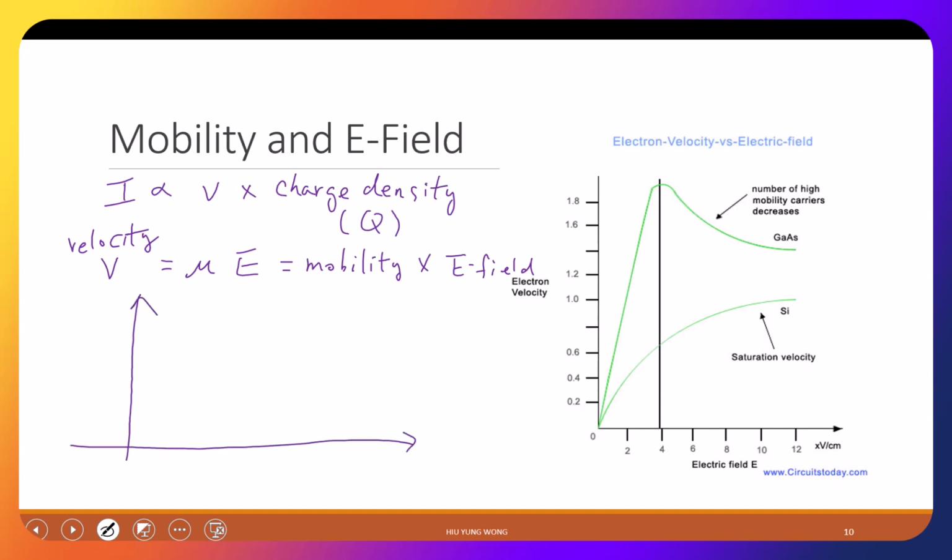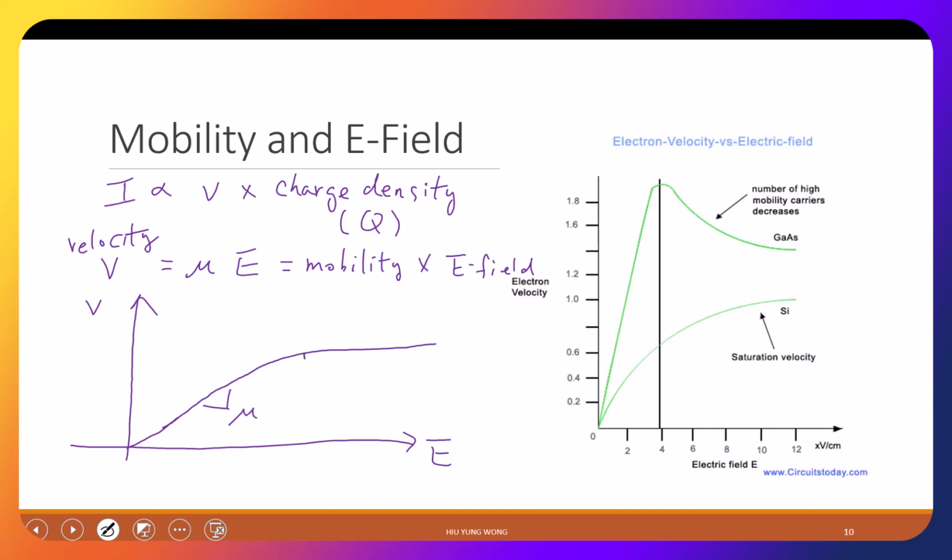If we try to plot the E field as the x-axis and the velocity on the y-axis, we do see a straight line at the beginning, but then it saturates. The first part has a slope of mu, which means V equals mu times E. So if I increase the electric field, my electron will move faster.